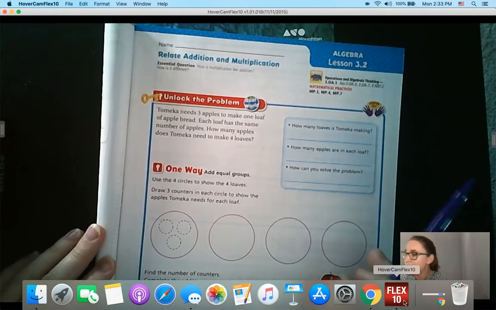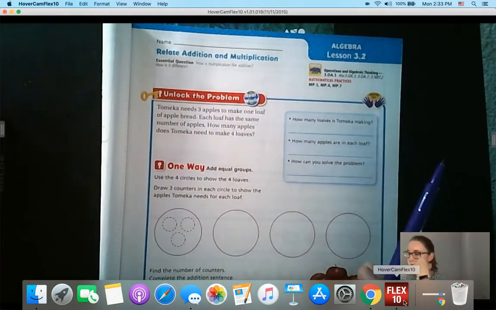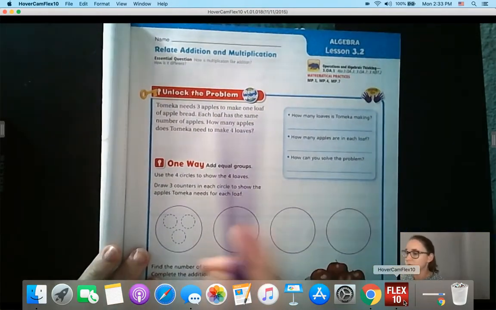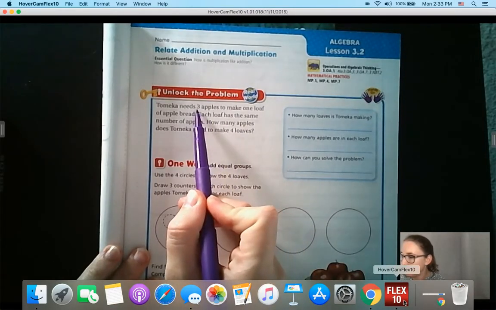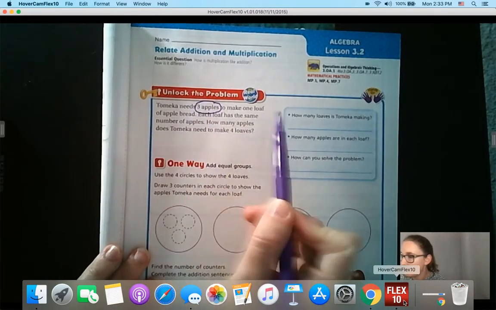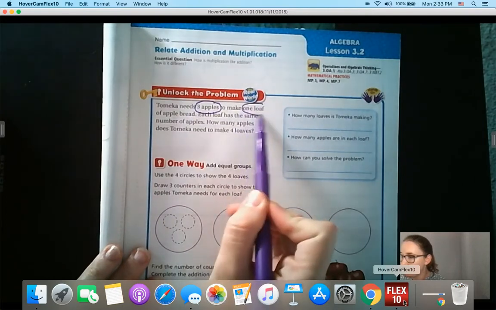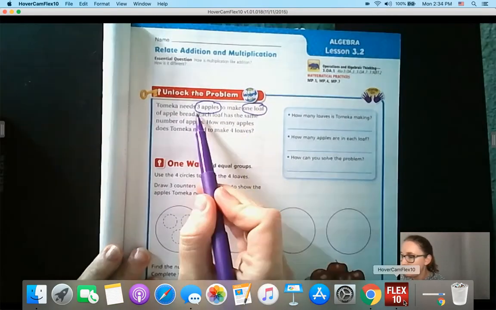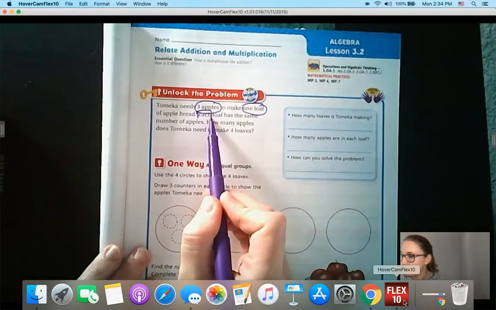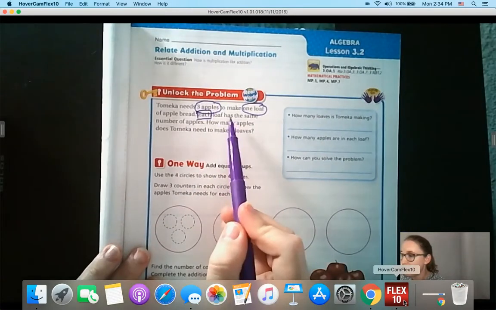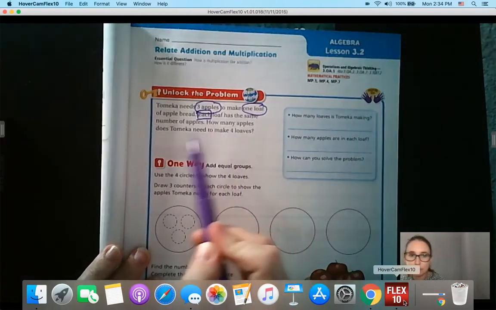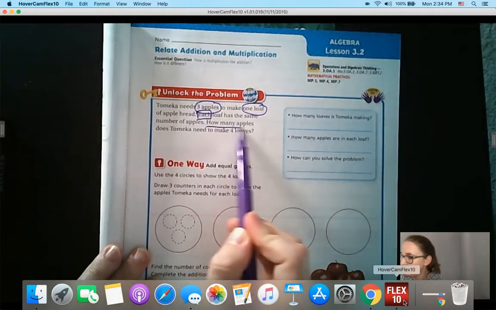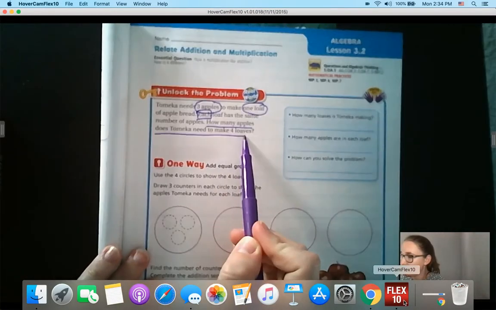So I have to figure out, what do I have? What information do I need to find? What can I use? So Tamika needs 3 apples to make 1 loaf of apple bread. Each loaf, each meaning 1, has the same number of apples. How many apples does Tamika need to make 4 loaves? And that's our question.